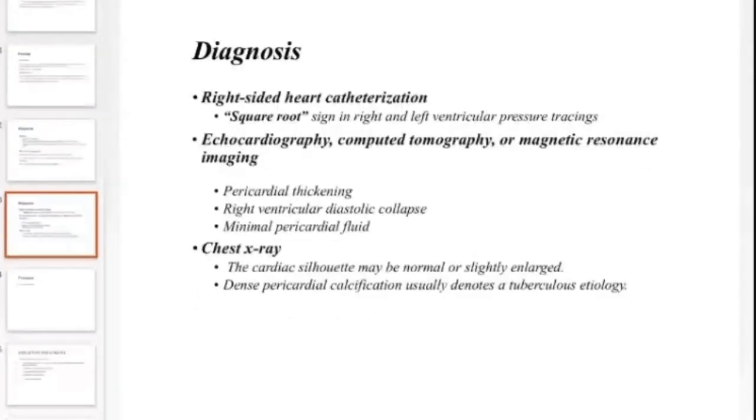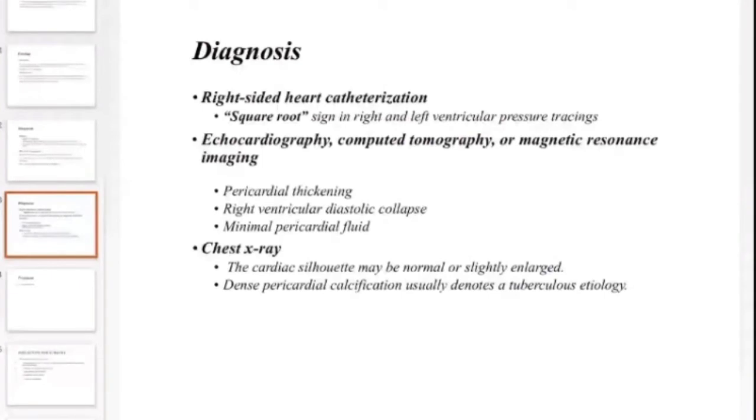On right-sided heart catheterization, it appears as a square root sign. This is what we see in the right and left ventricular pressure tracing, or by echo, or by CT scan, computed tomography, or MRI, magnetic resonance.